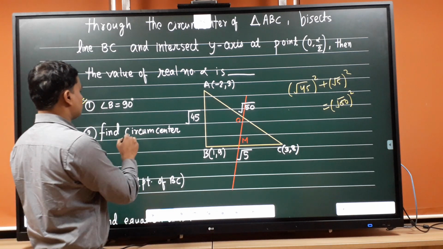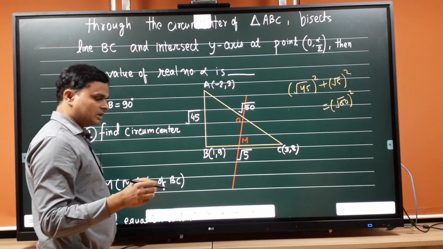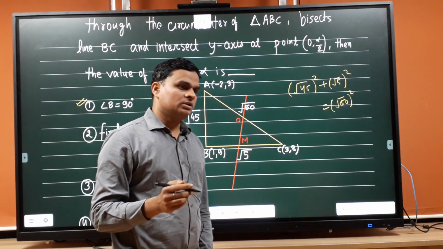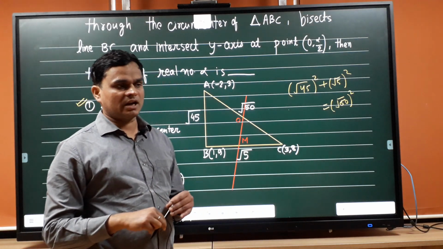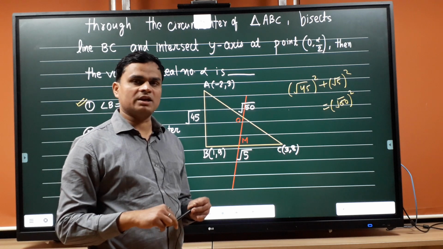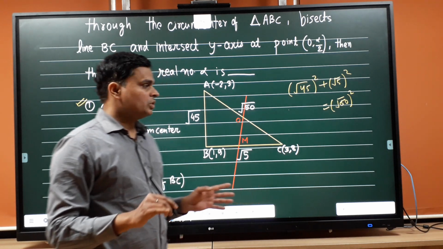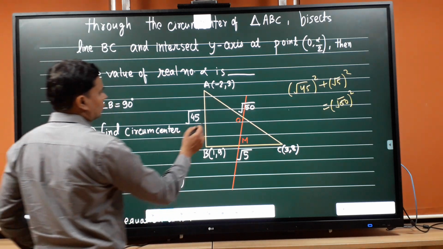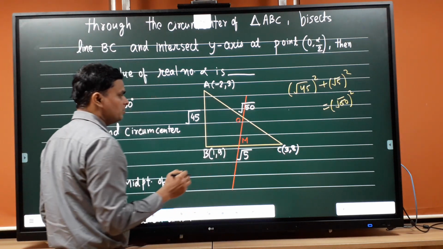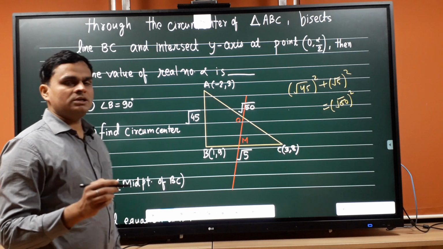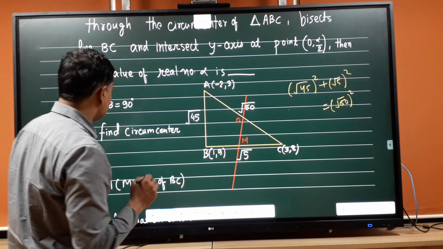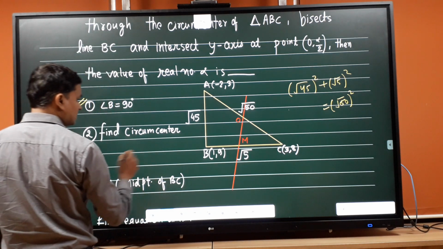Then it is asking for the circumcenter. Now I think that you all might be knowing that the circumcenter of a right triangle lies on the midpoint of the hypotenuse. So the point O, the midpoint of the hypotenuse, will be the circumcenter.